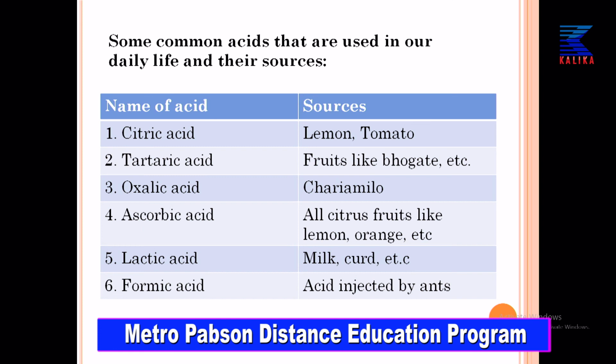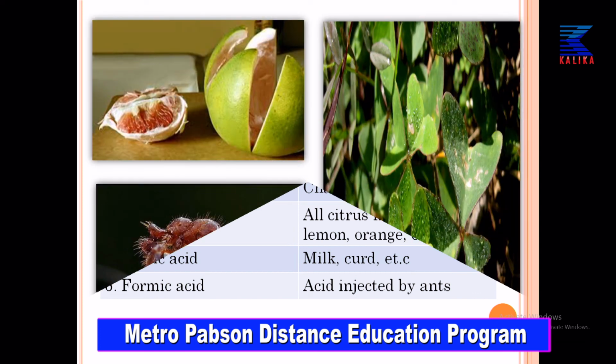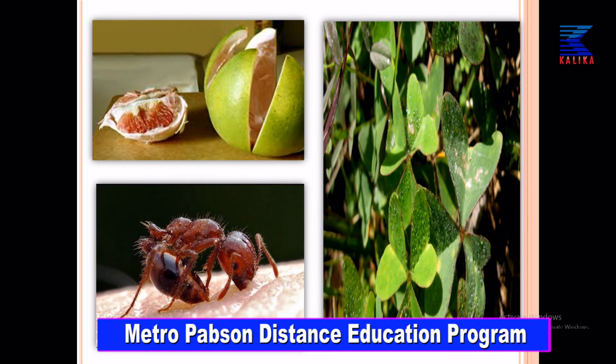These are the common acids which we use knowingly and unknowingly in our daily life, and their sources. Let us see the figure: the bogate, the ant bite, and the cherry amilo. These are the different sources from which organic acids can be obtained.